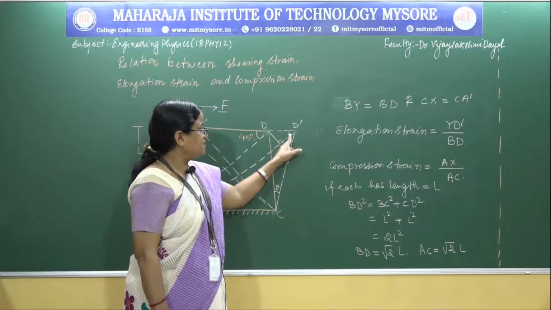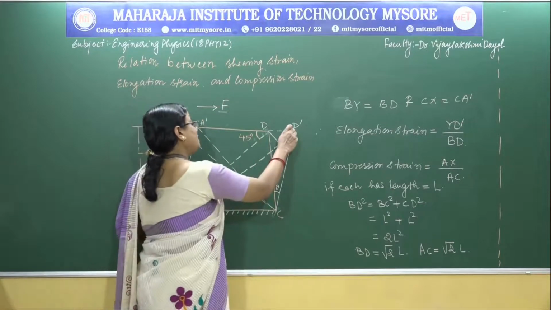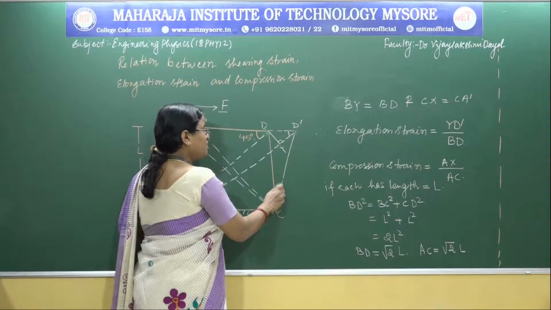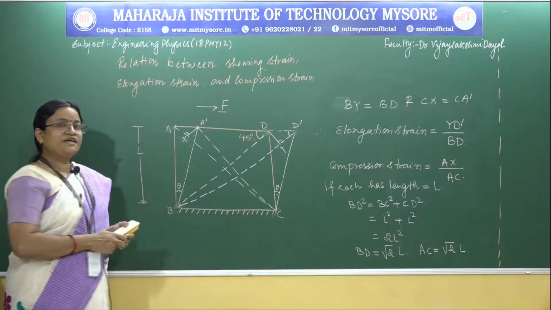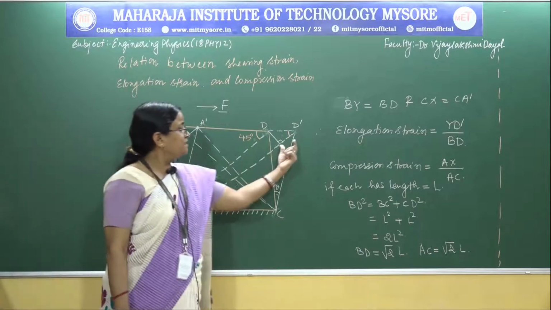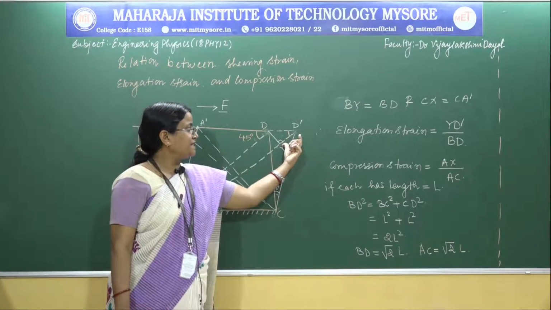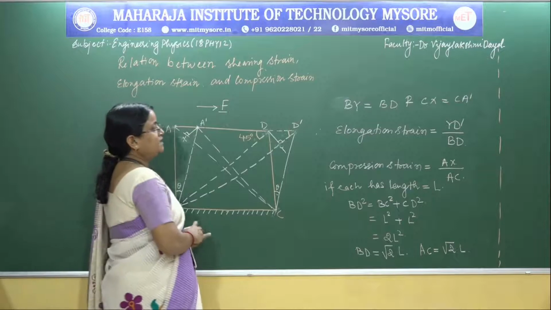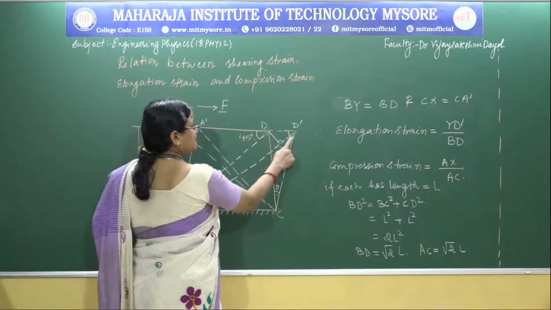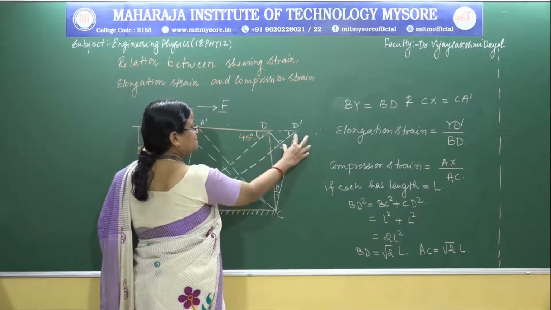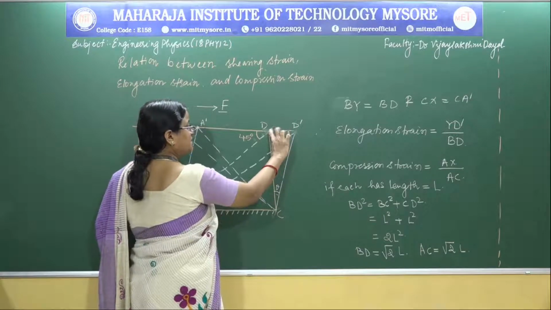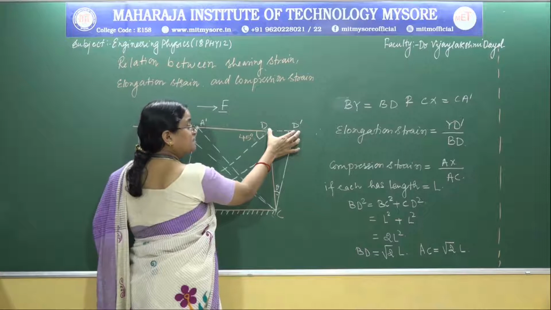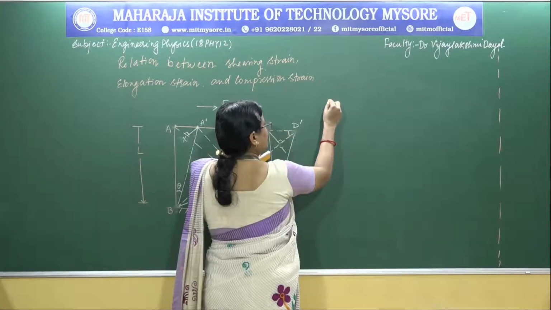So, this angle DD dash Y, as theta is very small, we can consider it to be 45 degree, and we can find the change YD dash. So, in triangle DD dash Y, we can consider YD dash as base, DY as perpendicular, and DD dash as hypotenuse.